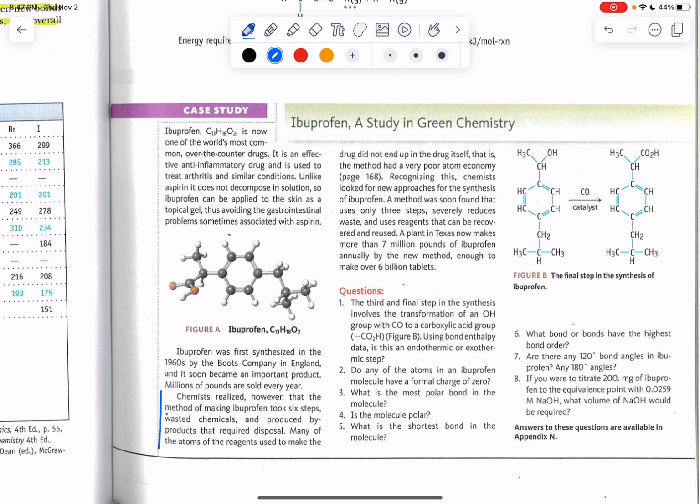They want to find another method that instead of taking 6 steps, might take fewer steps. And that would make your ibuprofen cheaper than your competitors, and more people will buy it from you.